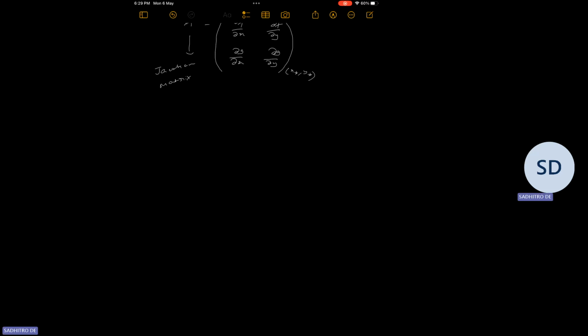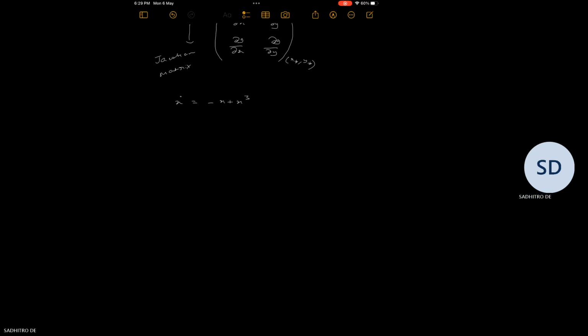So one can consider the system like this. Say x dot equal to minus x plus x cubed and y dot equal to minus 2y.